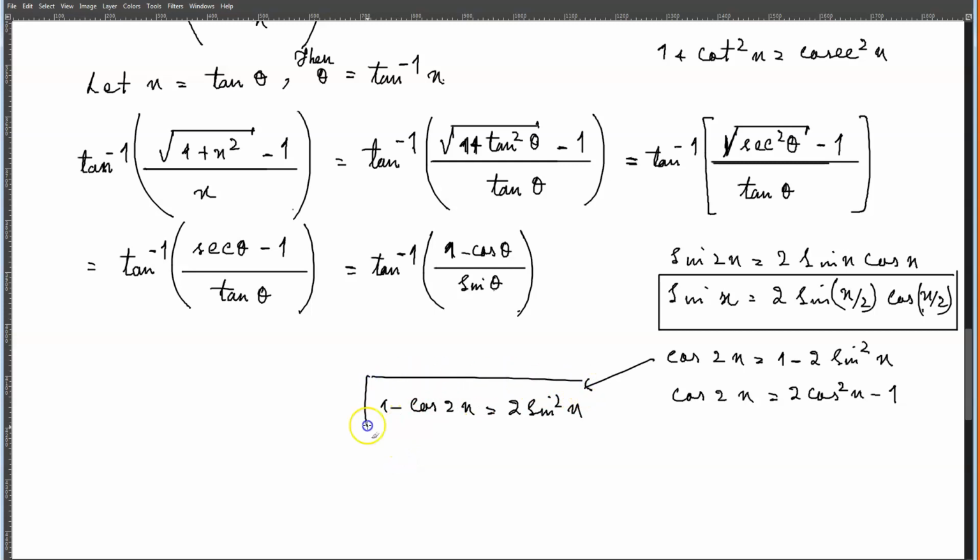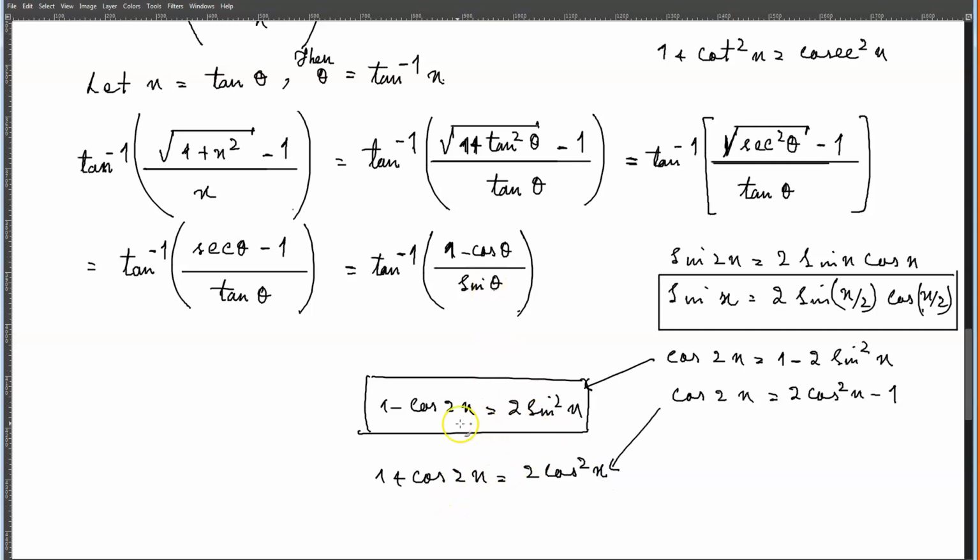That I can do. And also, if I take this one to the other side of this equation, what I will get is that 1 plus cos 2x is equal to 2 times cos squared x.